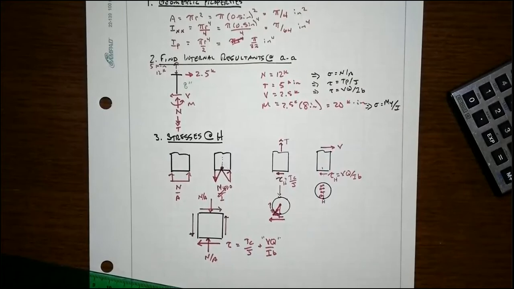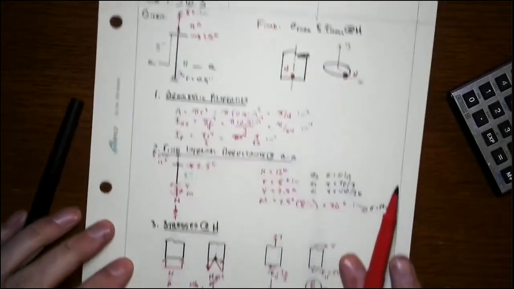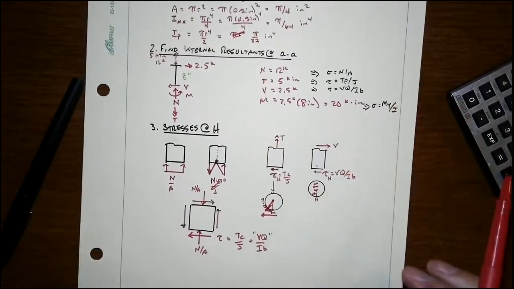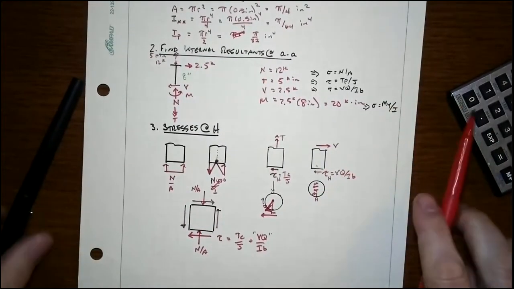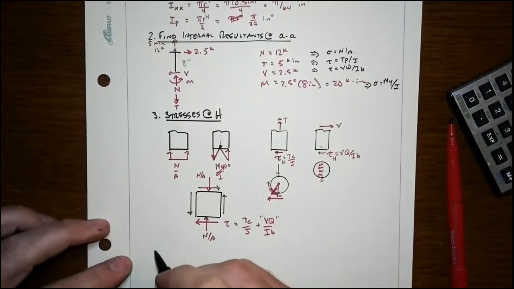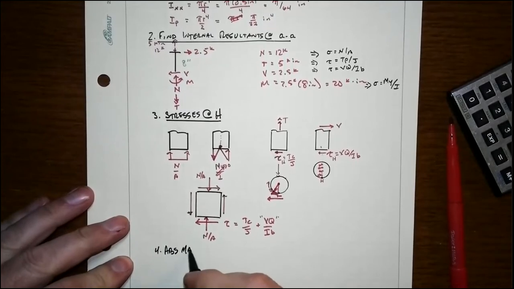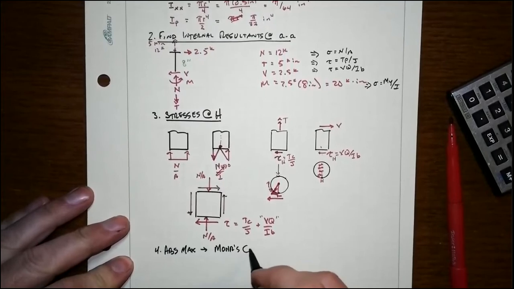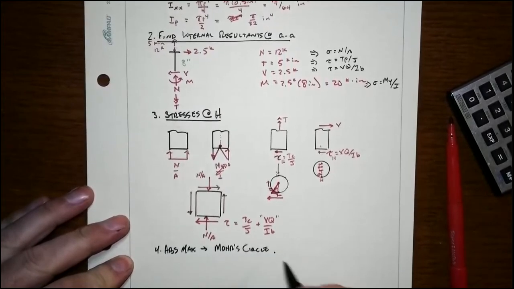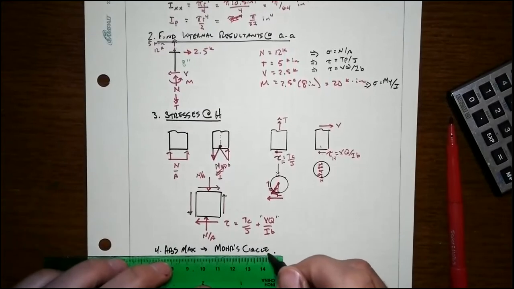The problem is what they asked for was sigma max and tau max, which is the overall absolute values. So we've got another step that has to be done here, and that is our absolute max has to be found through something like Mohr's circle, right? And so you got another whole step that you have to work through.